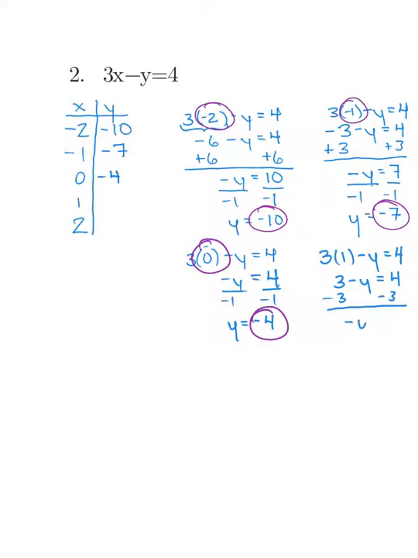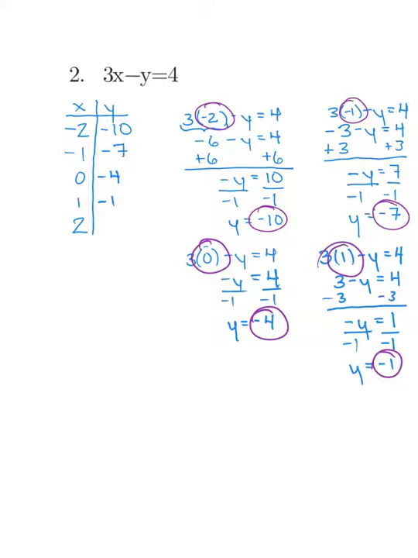We get -y equals 4 minus 3 is 1. And then, to get rid of the negative, we divide by -1, and we get y equals -1. So I will report that in my table. Again, what we have here is when x is 1, y is -1.